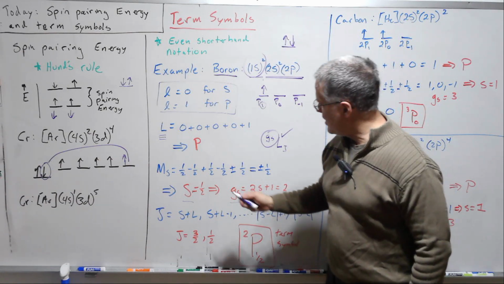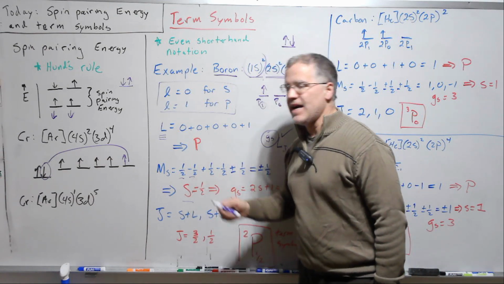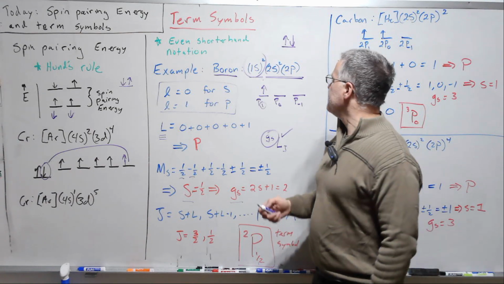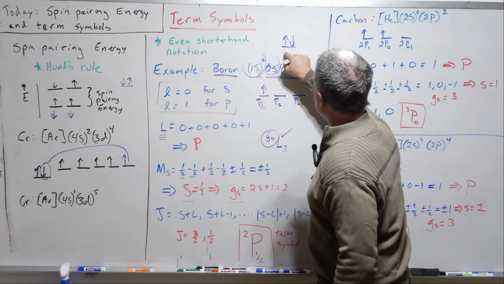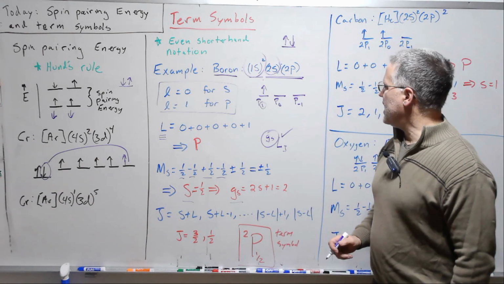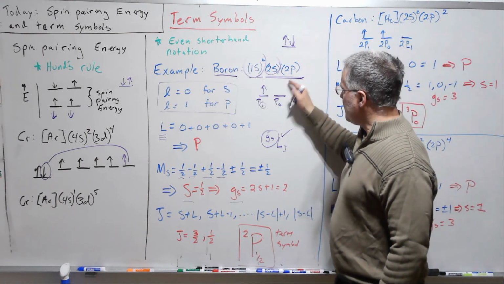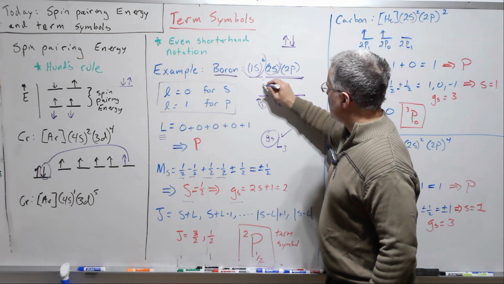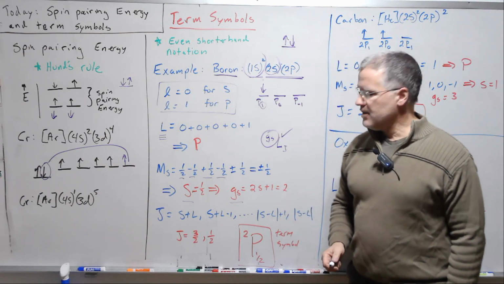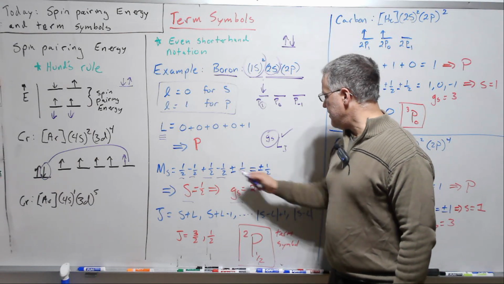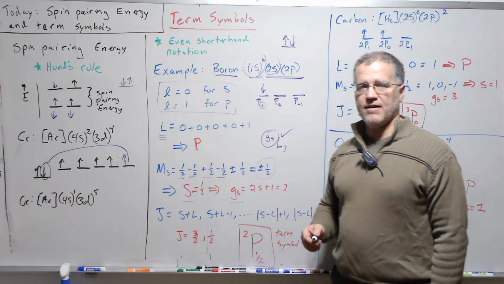And so I get a 1/2 and a minus 1/2. I'm forced that way because of the Pauli exclusion principle. Same with the 2s. That would look exactly the same. So I get a 1/2 and a minus 1/2. Now with the P, right, I could come in like this or like that. I'm free. So I have plus or minus 1/2. So my m_s is plus or minus 1/2.